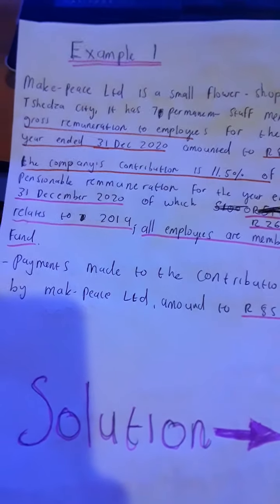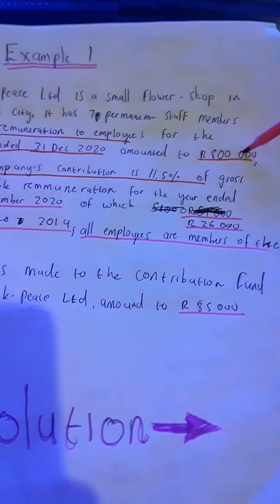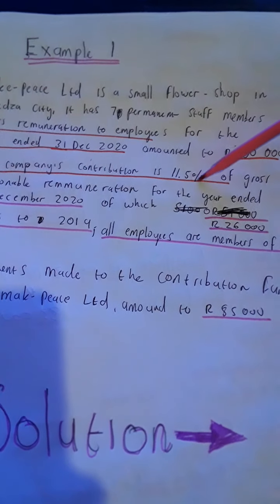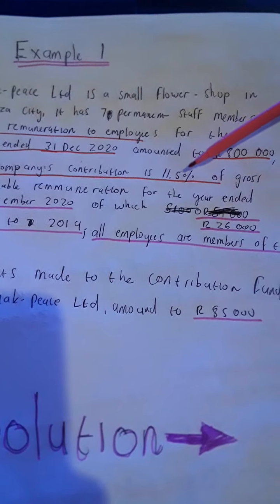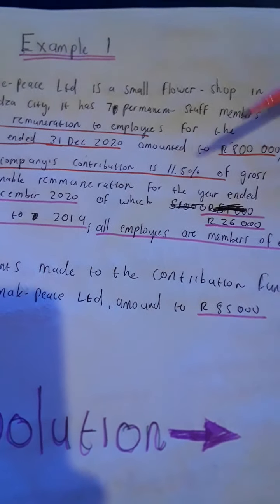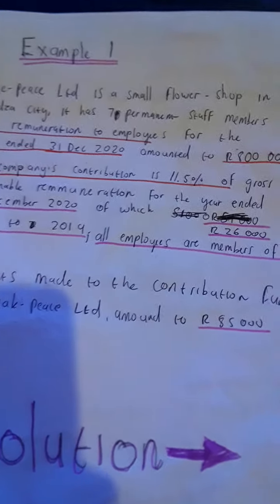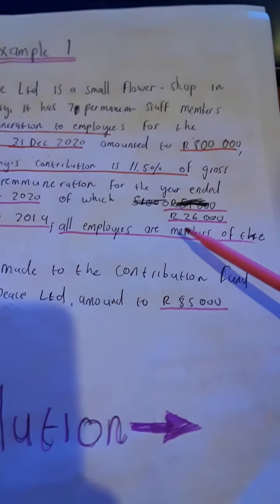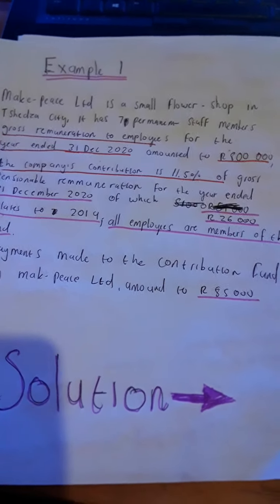So the interesting thing that we need to look at here is the year-end total salaries given to the 7 employees, the amount or the percentage. They didn't give us an amount just yet. It's the percentage that we use in order to calculate the contribution to the Provident Fund. And they also threw in something from a previous year, which is the 26,000.